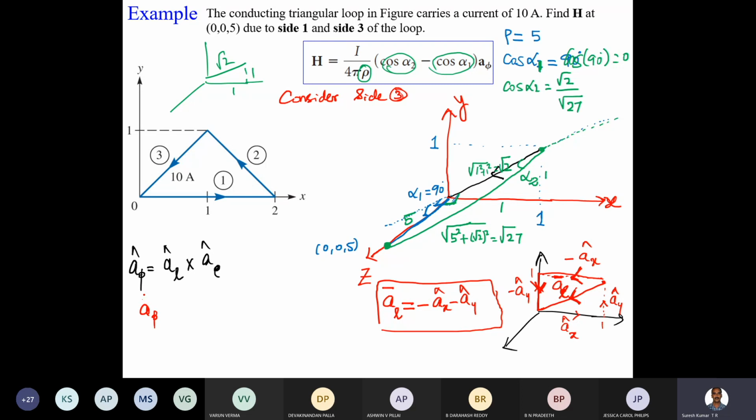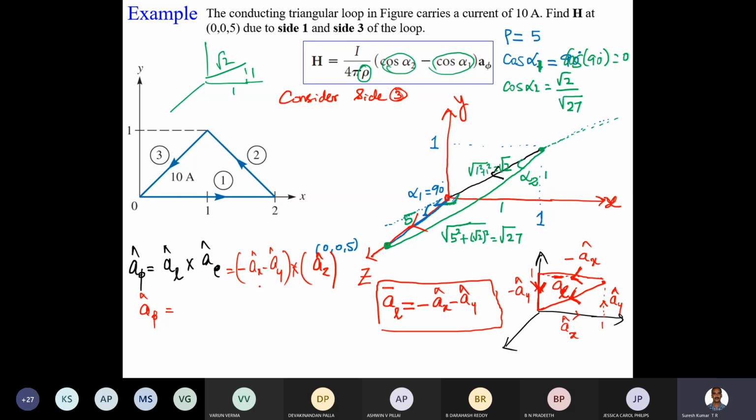Now let us compute. The AL vector is minus AX minus AY, cross product with the arrow vector. What is the arrow vector? This is the vector connecting the source and observer, and it is along the z direction.